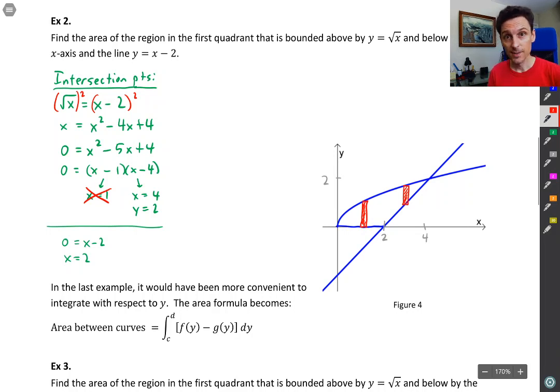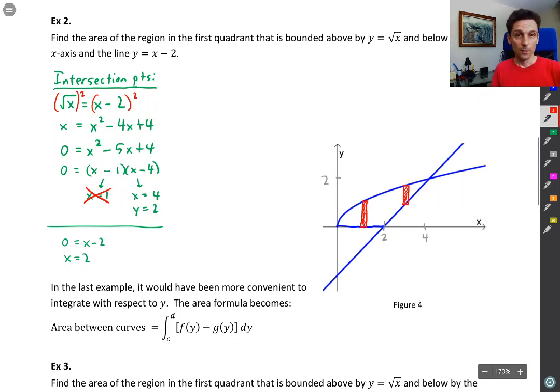That matters because when we try to take our integral of the top function minus the bottom function, it changes depending on where you are on this interval. From 0 to 2, it's this horizontal line, y equals 0. From x equals 2 to x equals 4, it's this line, y equals x minus 2.